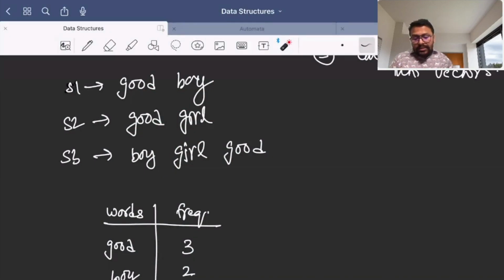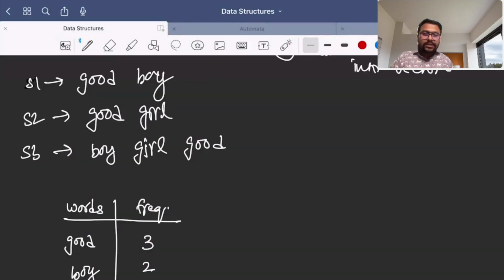Now, this is the frequency. Although it is also required to find out the total number of words. Here the total number of words is 7. Now we will convert it into vectors. What is the size of the vector? What is the dimension of the vector? It is number of sentences multiplied by number of words.